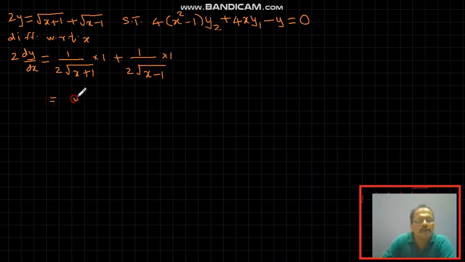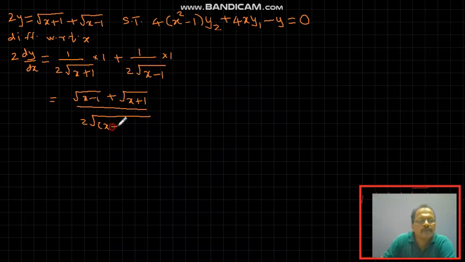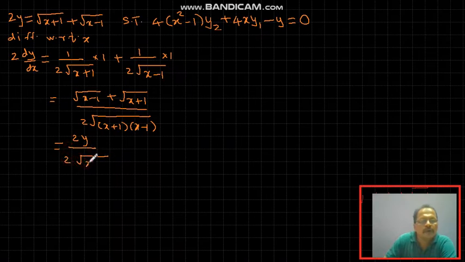This is equal to under root x minus 1 plus under root x plus 1 divided by 2 under root x plus 1 into x minus 1, this is equal to 2y upon 2 under root x square minus 1. X plus 1 into x minus 1 is x square minus 1. 2 cancels out. This is equal to y upon under root x square minus 1.